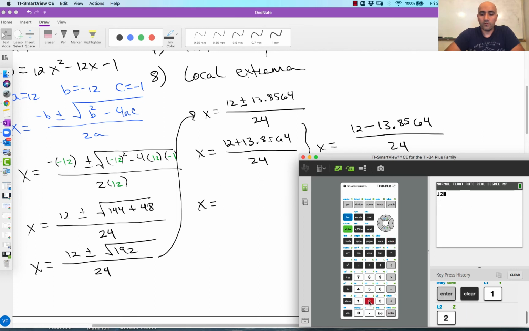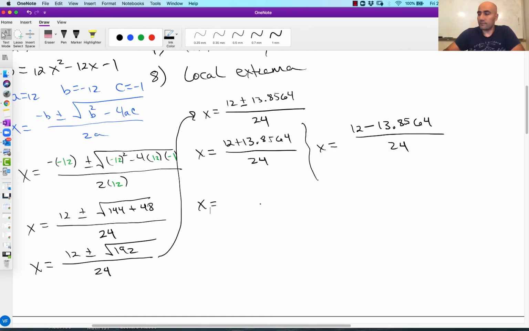So 12 plus 13.8564 divided by 24 is 1.0774 approximately.